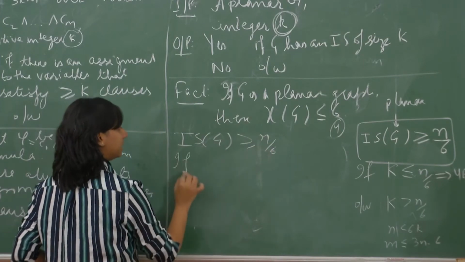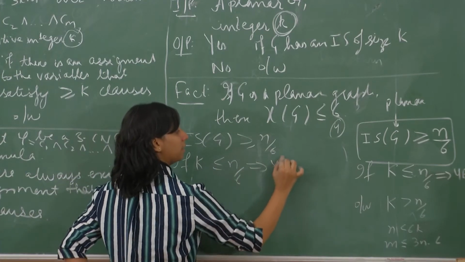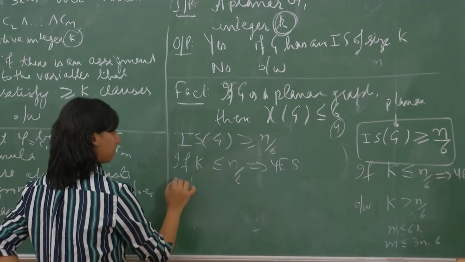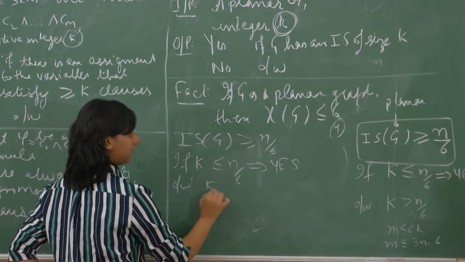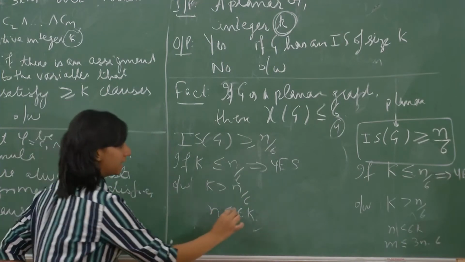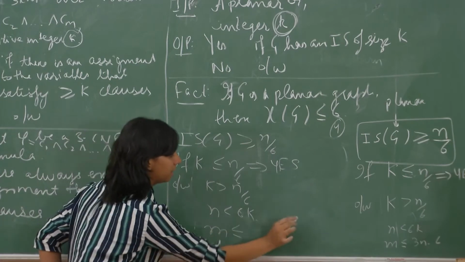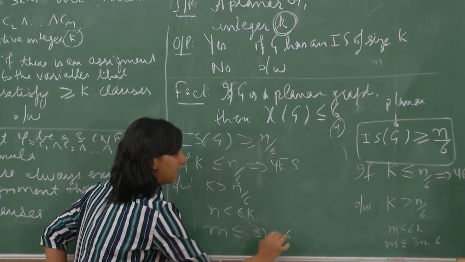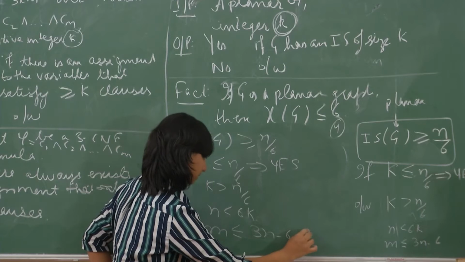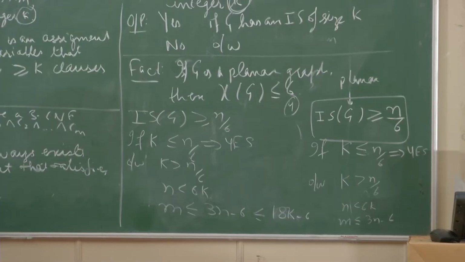From there we said that okay, if K was at most n by 6, then say yes. Otherwise, K is greater than n by 6, that means n is at most 6K. And in planar graphs, the number of edges is always at most 3n minus 6. So this gives us a bound on the number of edges also. So again, this is a trivial kernel. We don't really have to do anything.